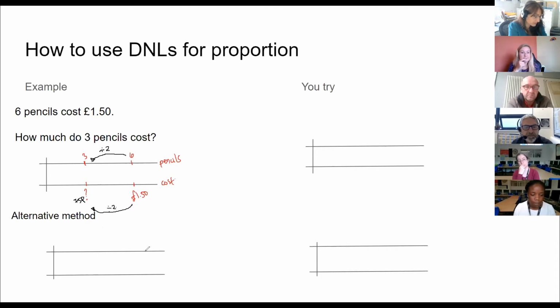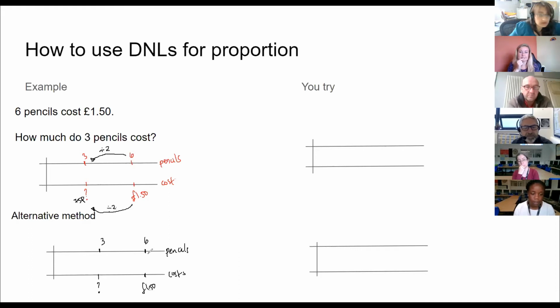An alternative method would be, again, just labeling your section. So pencils and cost, 6 pencils equals £1.50. So that's moving across the lines. We can also move between the lines. So what would 3 pencils cost?